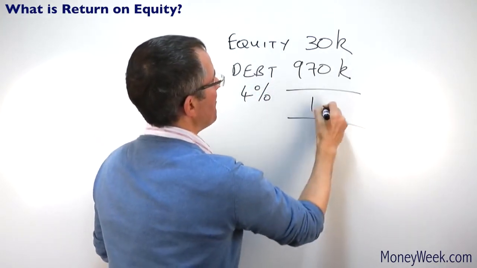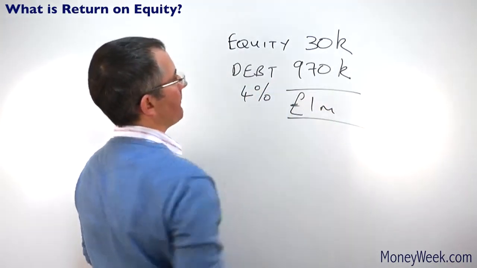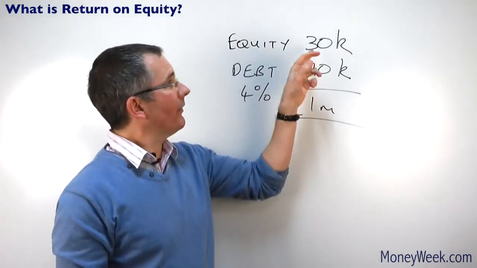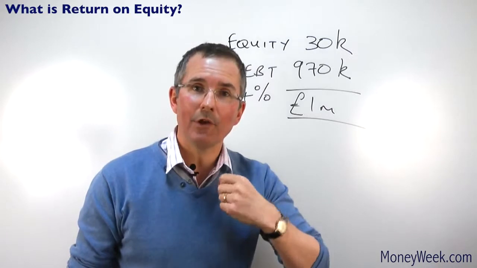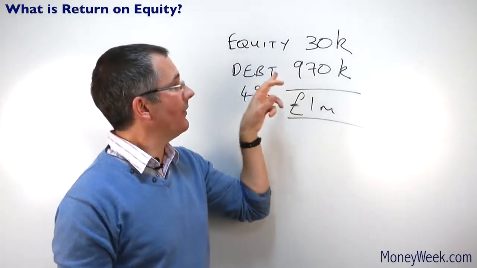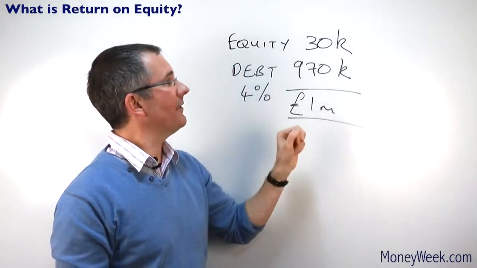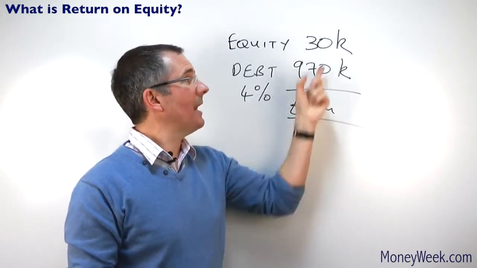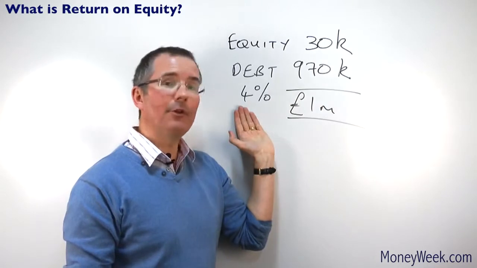So there's £1 million in total invested in the business. The capital employed is £30,000 of equity that shareholders have put in, and debt, that's borrowings, £970,000, to give total capital employed of £1 million, equity plus debt, carrying a 4% interest rate.